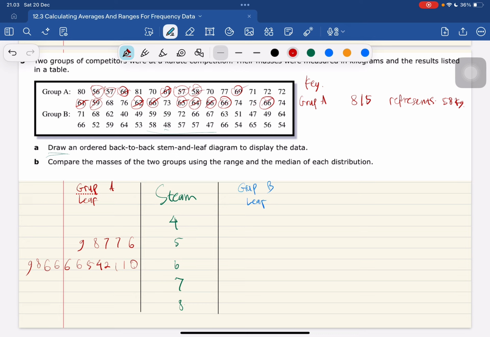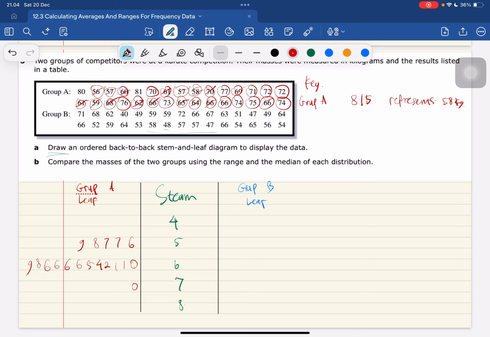Now we is 70s. Okay, we got 70, 70, 77, 71, 72, 72, 76, 73, 74, 75, and 74 here. Cross. First is 70. We got 2 times here.